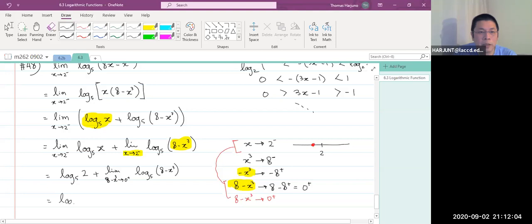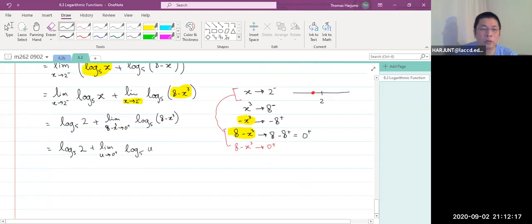This is log base 5 of 2 plus limit of u going to 0 positive of log base 5 of u. From what we learned before, what will this be? That's negative infinity. Remember that?